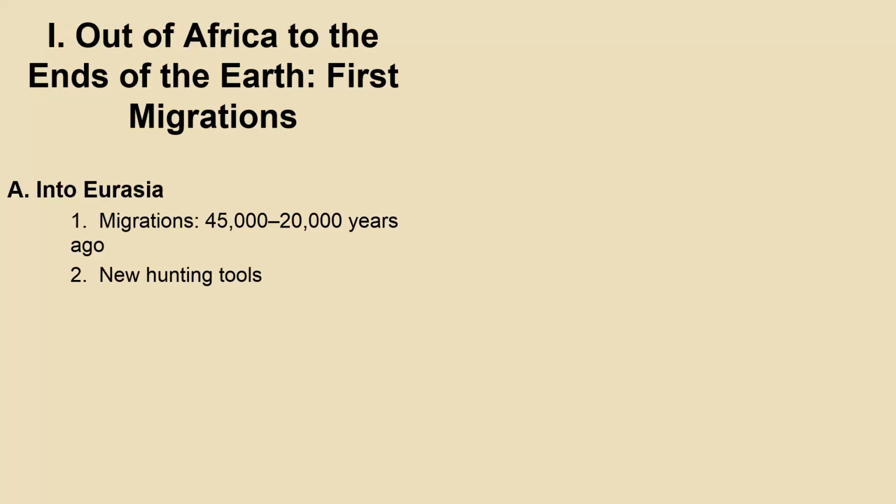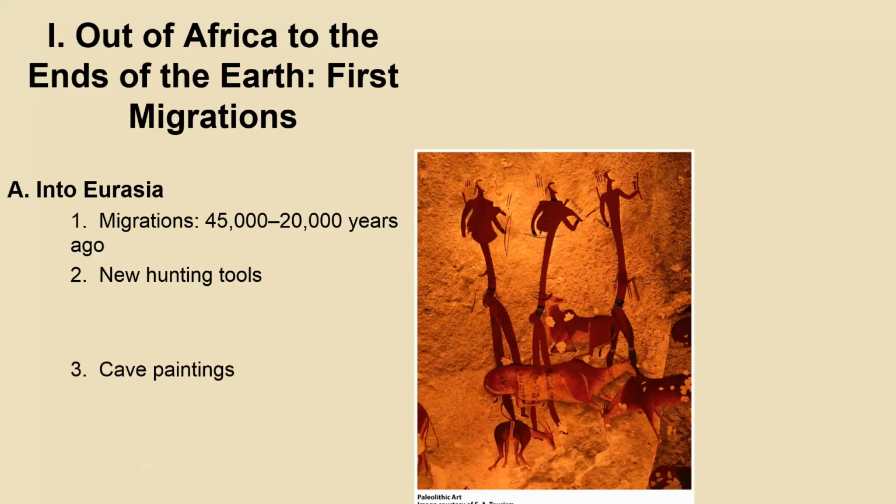You also have the development of these weapons in order to hunt things like reindeer and horses as a way to provide food. Some of these migrations occur where there was an ice age going on, and the cold ice age temperatures moved humans from northern Europe south, and then they brought new hunting tools with them.